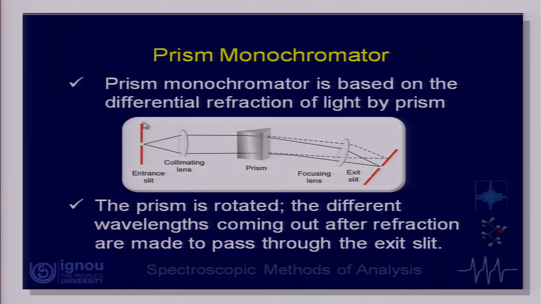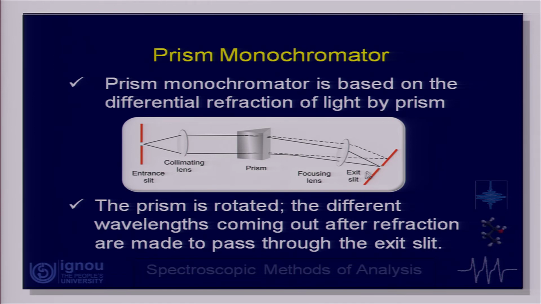The radiation is coming, we make it pass through the entrance slit, and then this radiation is made to fall on a collimating lens. That lens collimates it and makes it fall onto the prism, and from the prism, after refraction, the radiations come down, are focused by another lens, and then are made to pass through an exit slit.